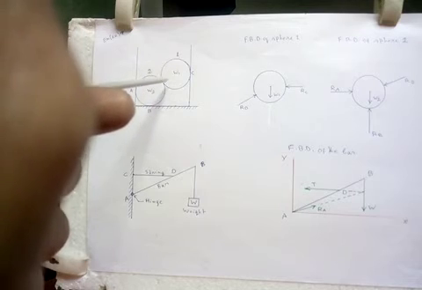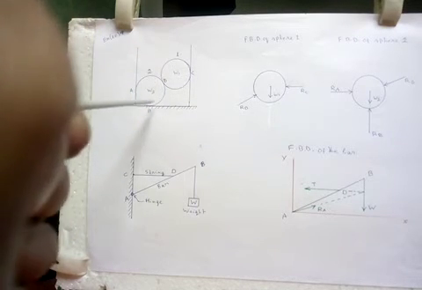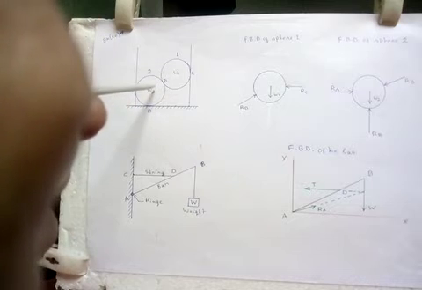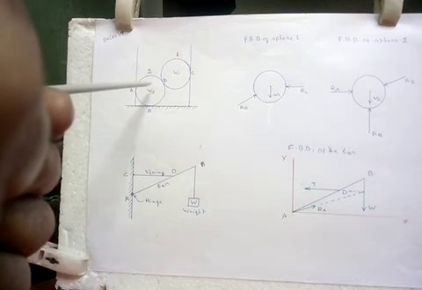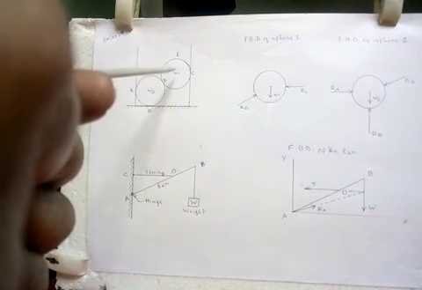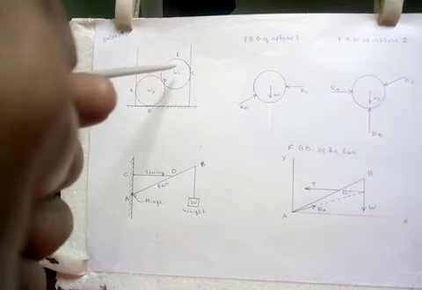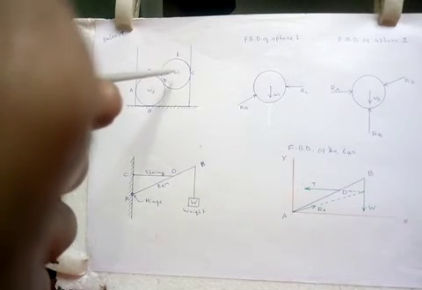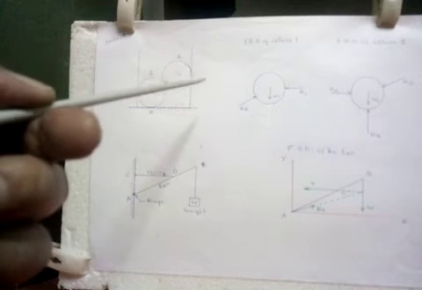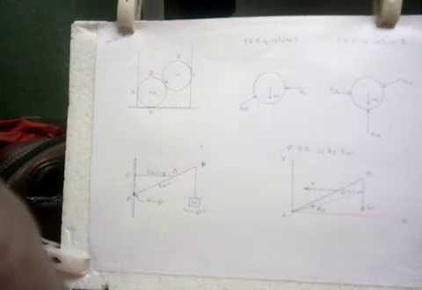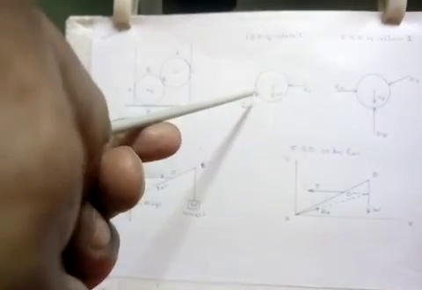So this ball has touched at this point D, and this ball is giving pressure on this ball, so this sphere is also giving force to this sphere 1. So the sphere 1 is experiencing a reactive force in this direction, which is perpendicular to the tangent at this point.